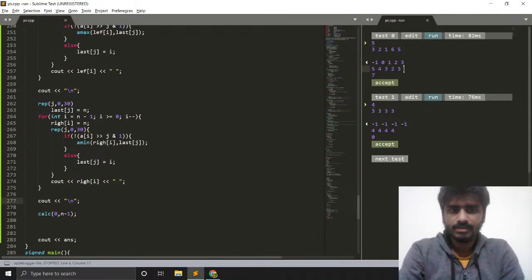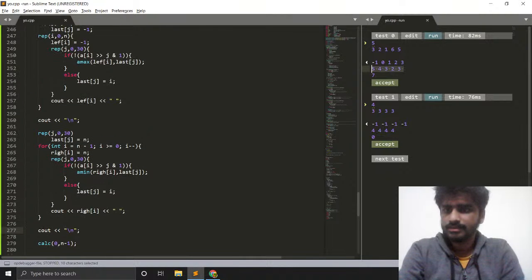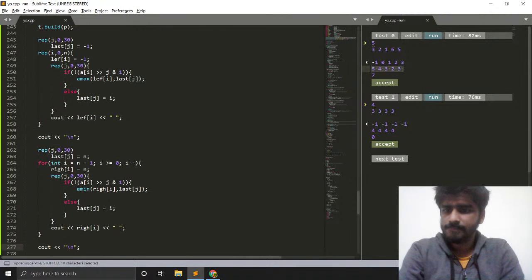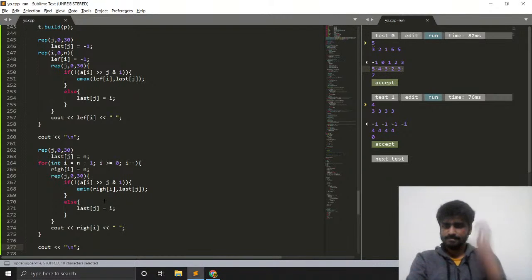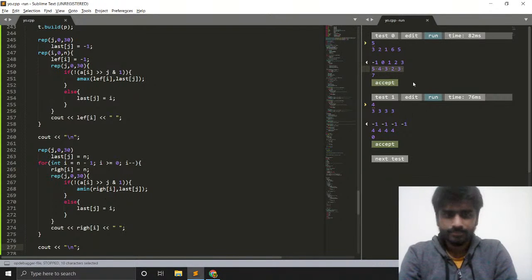This seems wrong, I guess. This doesn't look right to me. Seems wrong. This can't be 3, right? It should be 5, I guess.